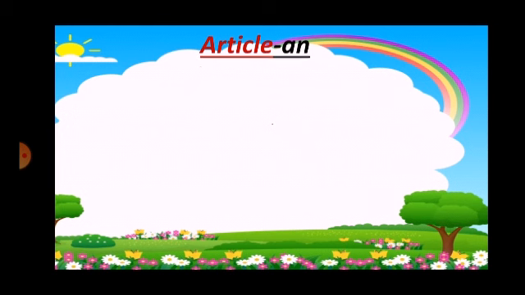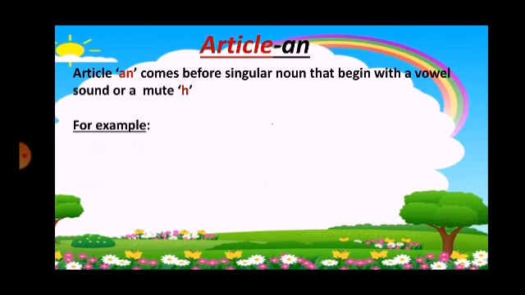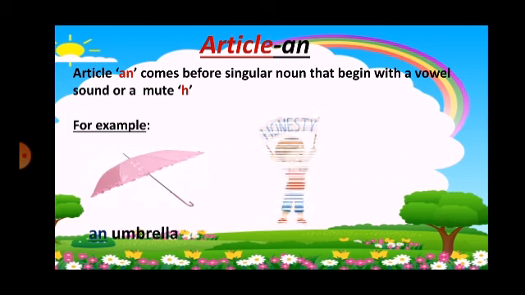Now, article AN. Article AN comes before singular nouns that begin with a vowel sound or a mute H. For example, an umbrella, an honest boy. Here, the word honest begins with consonant letter H, but H is silent here, so we will pronounce honest as 'onest'.